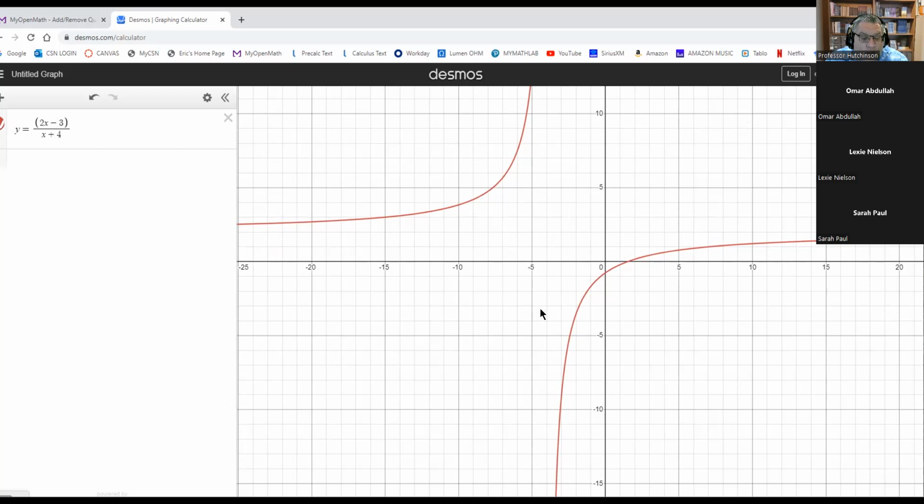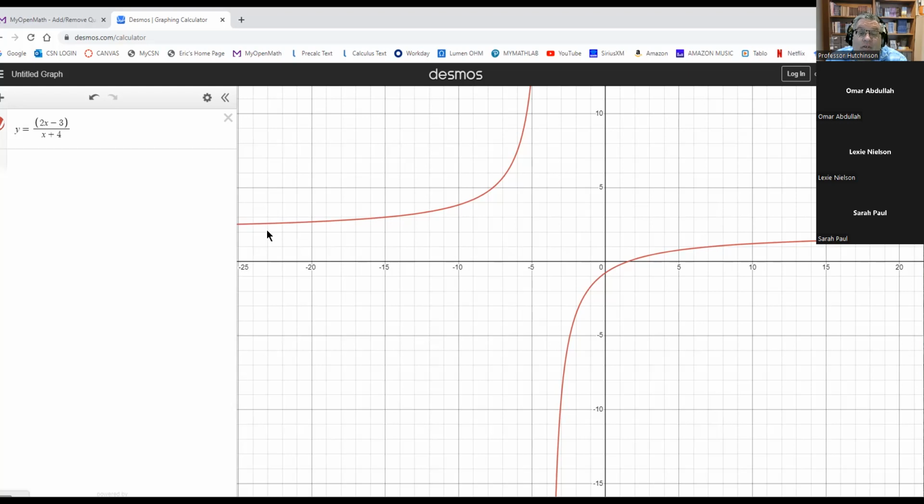That means that the -4 that we found was not included. It causes division by 0. Whatever number causes division by 0, the graph goes up and goes down on that. Also, we see here that we have a horizontal asymptote as well.